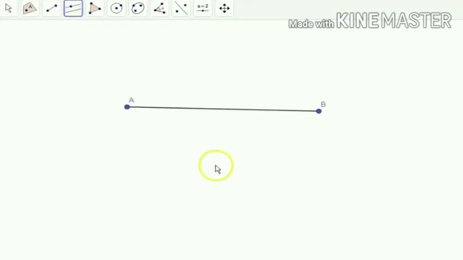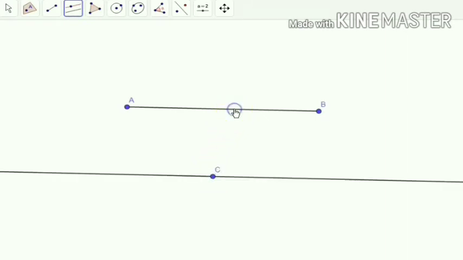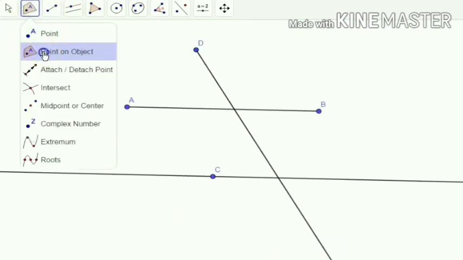Let's draw a line parallel to the given line segment. Let's draw a transversal intersecting both the lines at distinct points.